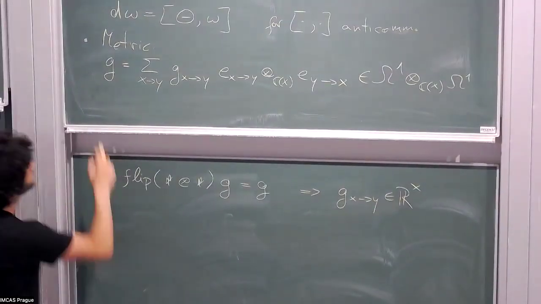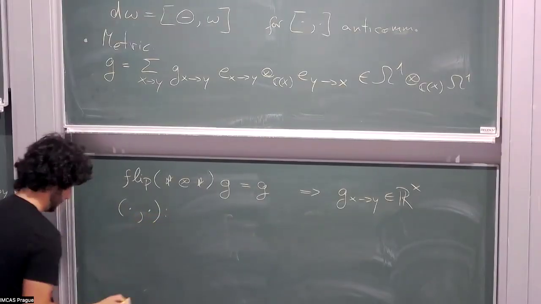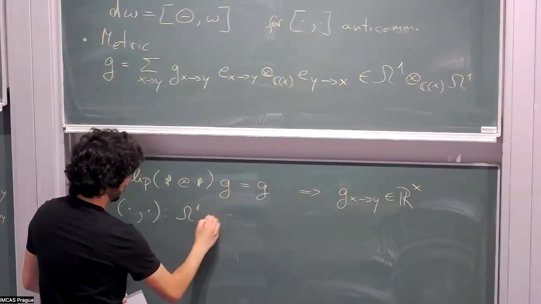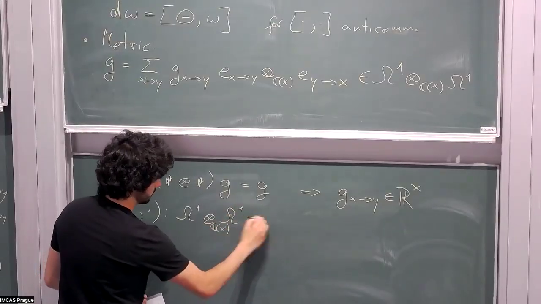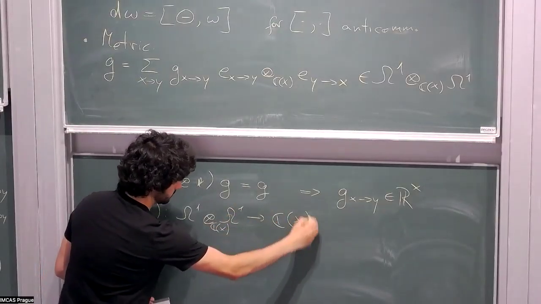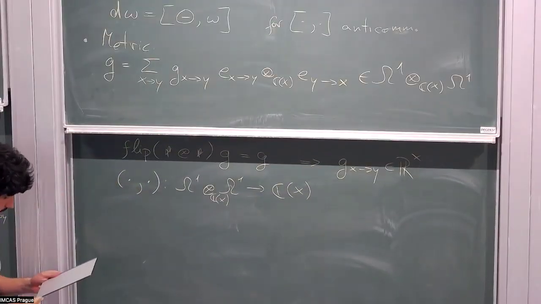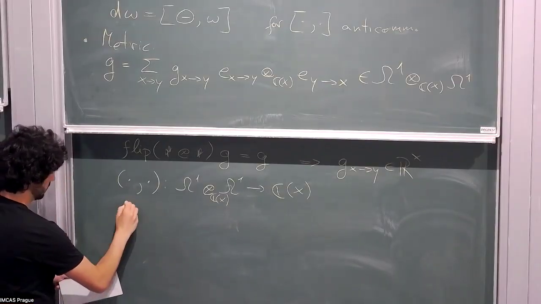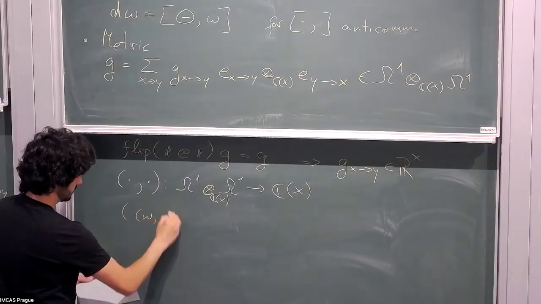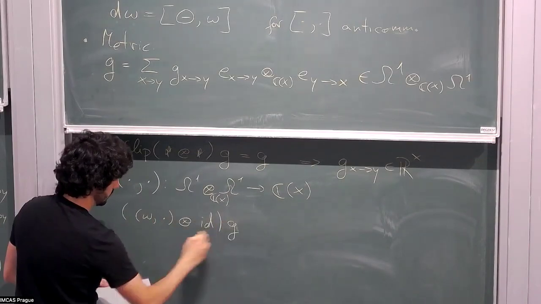Right, thank you. So we have this metric, then we have the inverse metric, which would be a bimodule map going from omega-1 tensor omega-1 over C of x to C of x, which is inverse to G in the specific sense, namely that for any one form, we would have this identity.